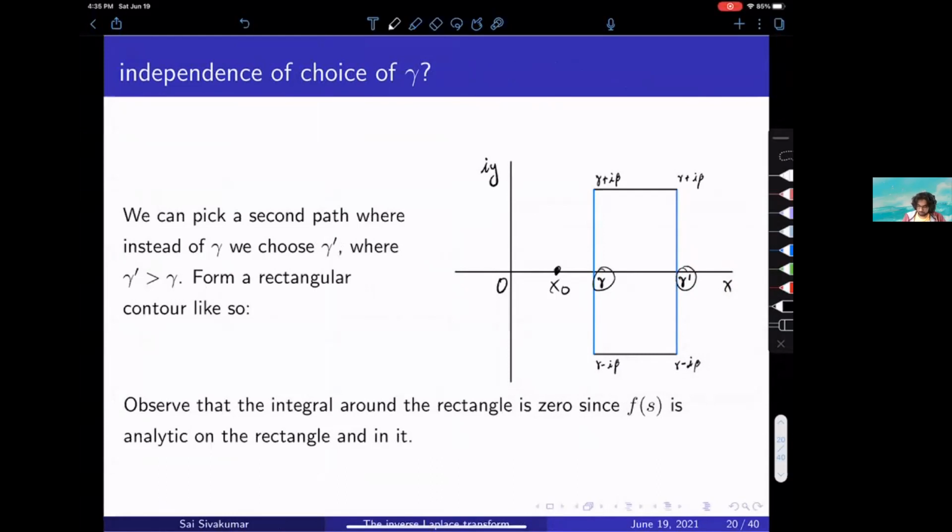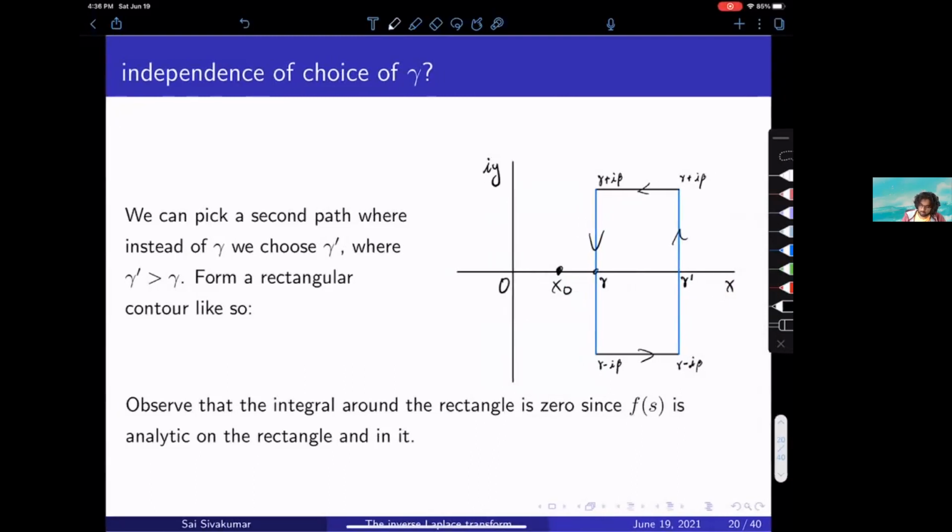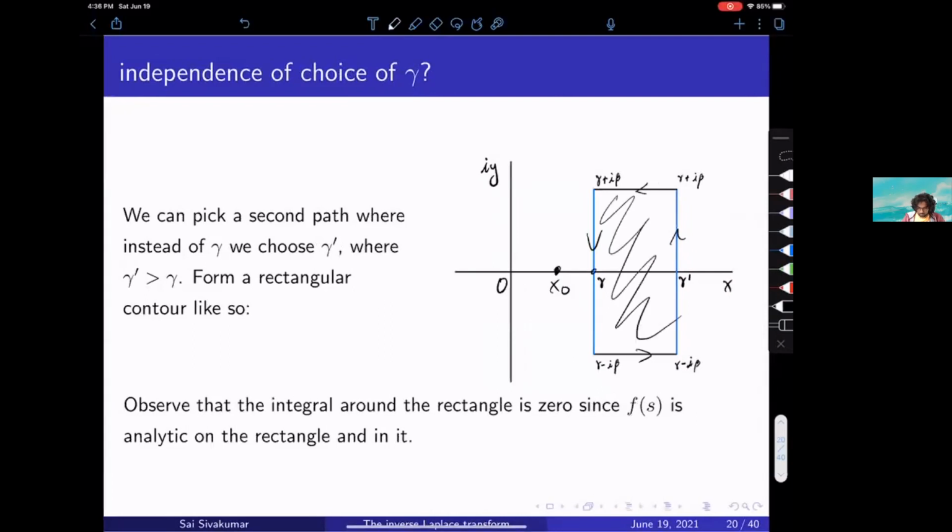So what we'll do is we'll make a square, or rather a rectangular contour, that just goes around from gamma down around something like this. Yeah, we want it to be like this. We want it to be counterclockwise on this region here.